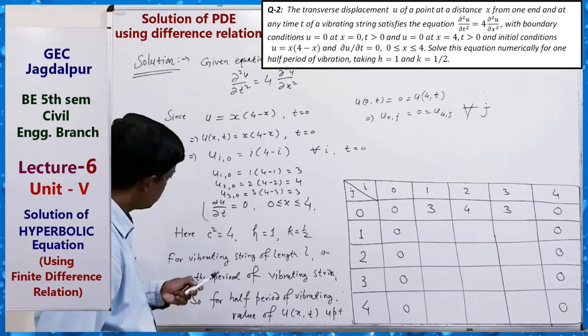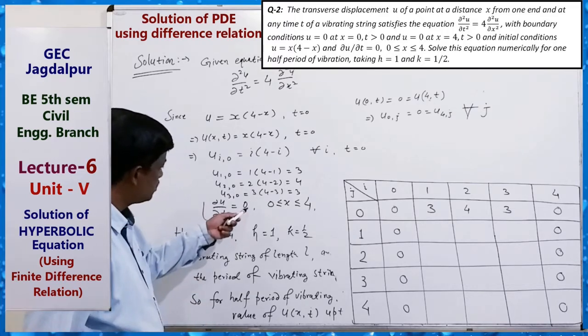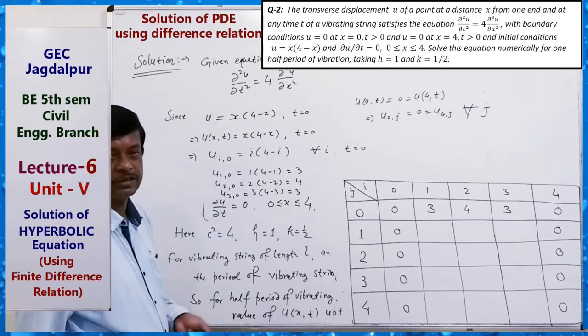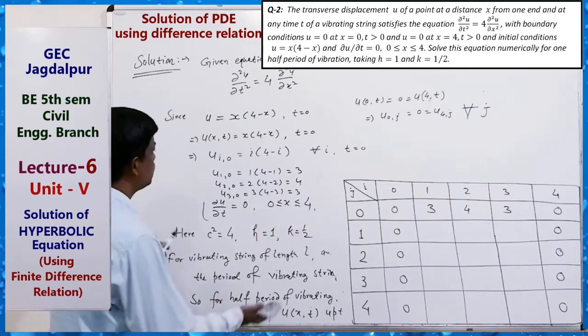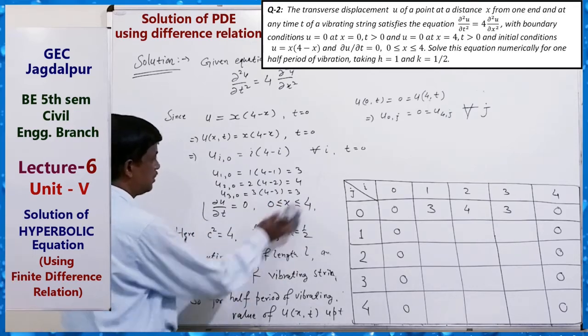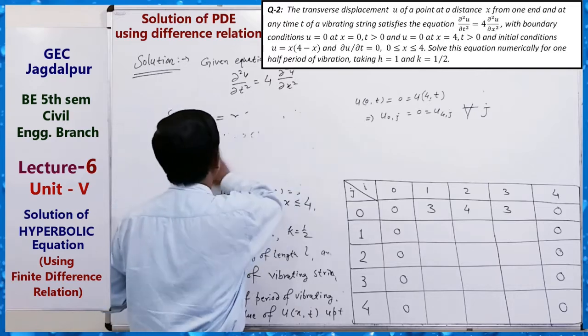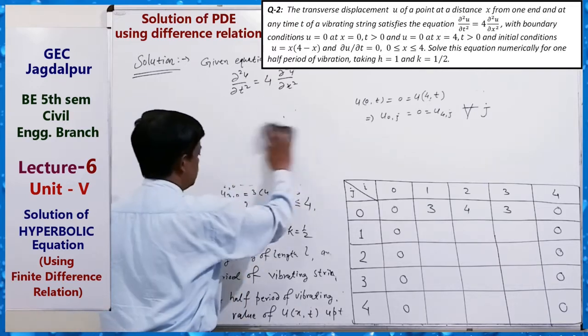Now taking del u by del t equal to 0, for x lying between this. Also for t equals 0, we can get the next row values. How?